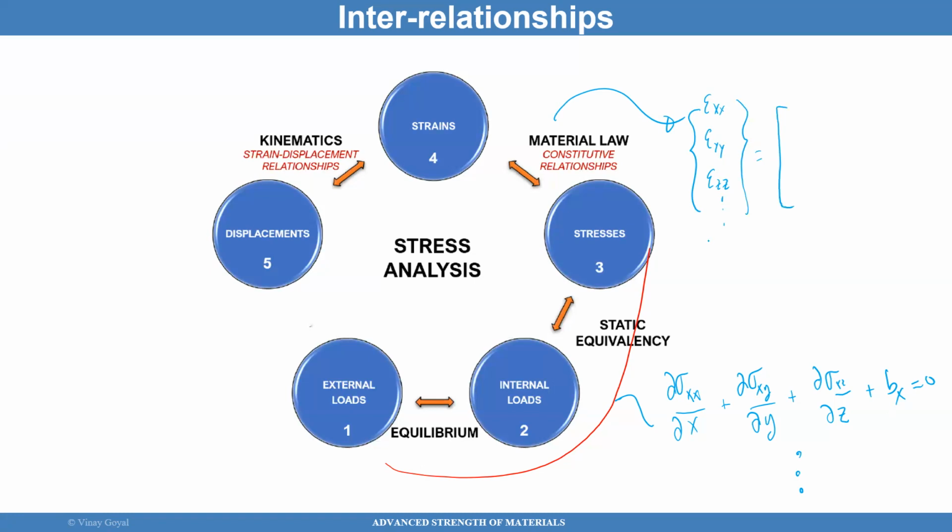There's a 6 by 1, a 6 by 6 with your 1 over E, your modulus, and then a 6 by 1. So here you have it.